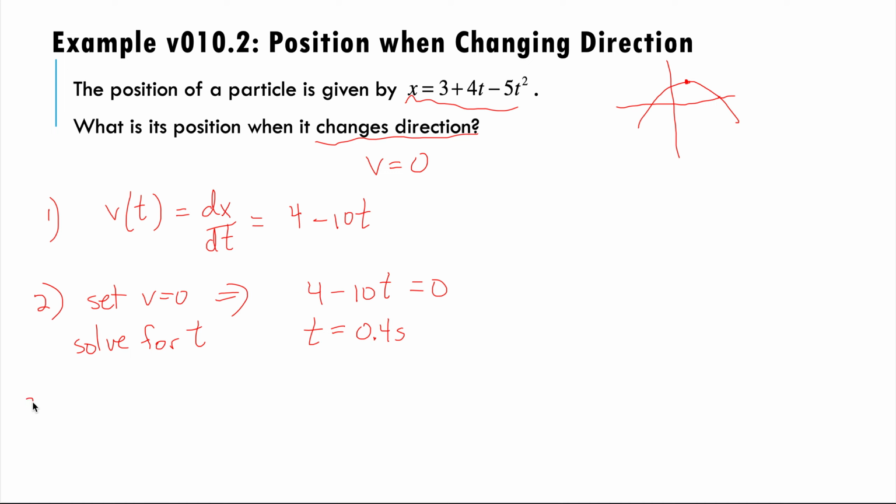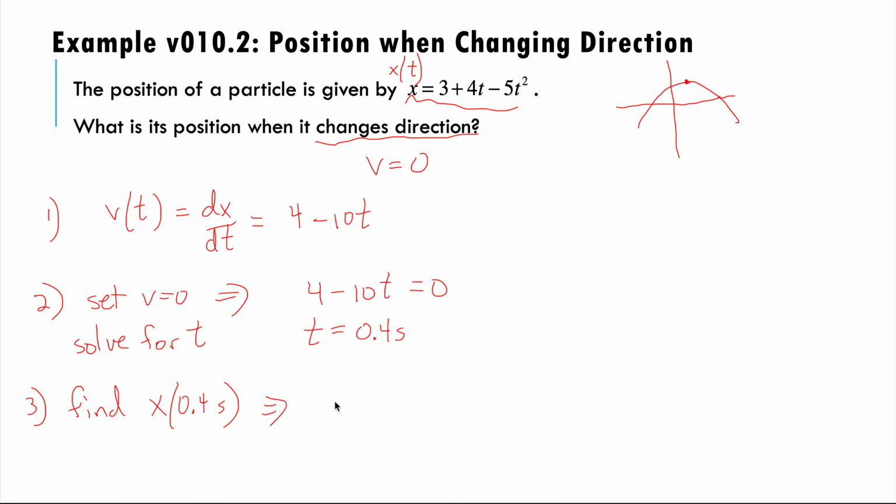And then the third step is now find x at the time 0.4 seconds. Right, so x is given as a function of time here. We can pretend this says x as a function of time, and now find x at 0.4 seconds because that will be the position at that time. And at that time is when it has velocity equal to 0.